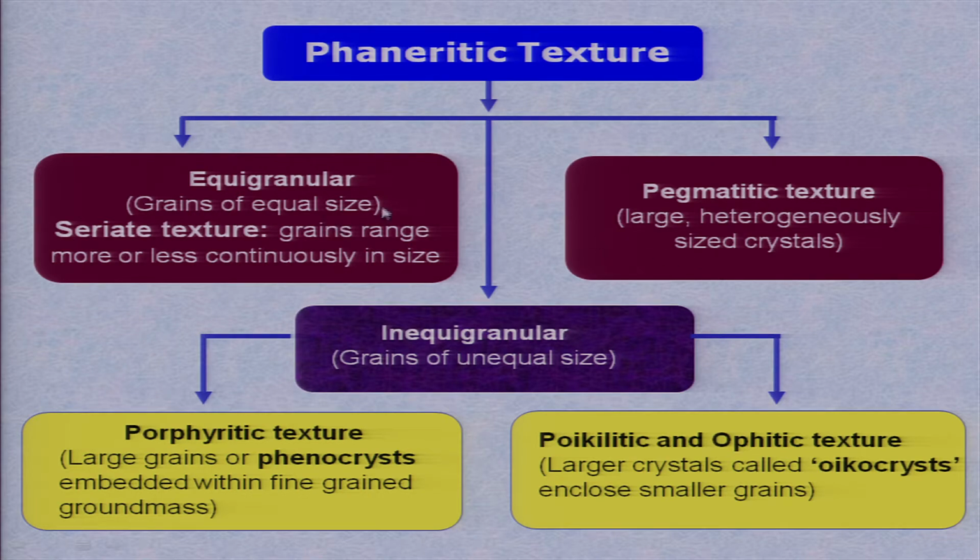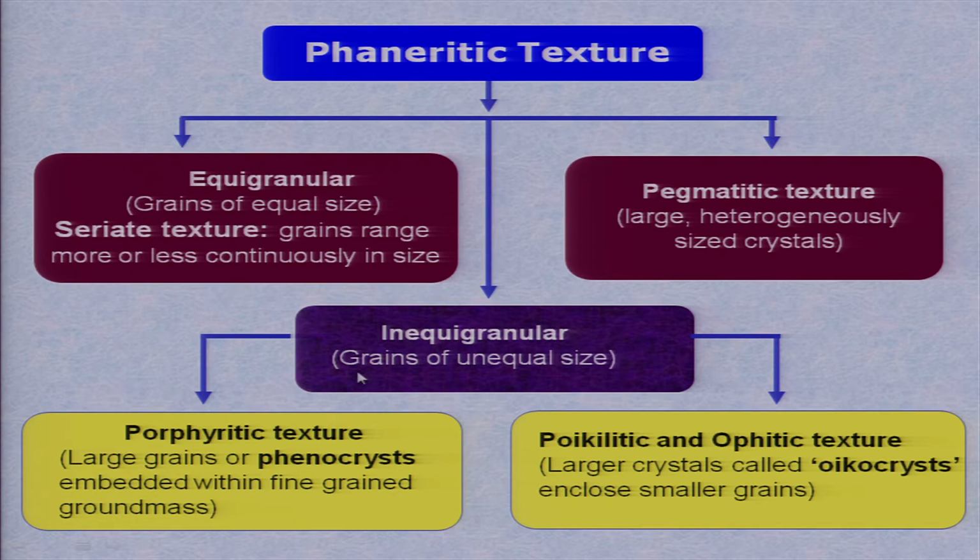In equigranular texture, there is a variety called seriate texture, in which grains range more or less continuously in size. The third variety of phaneritic texture is inequigranular texture.